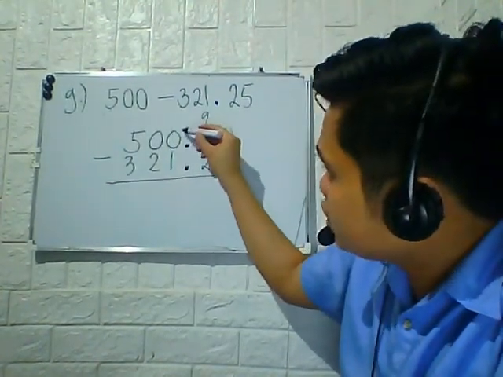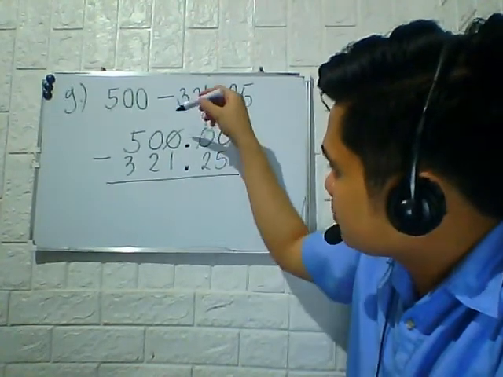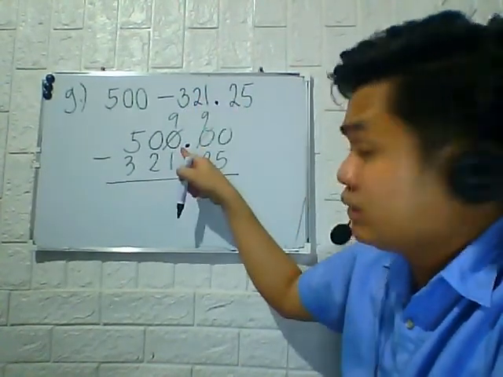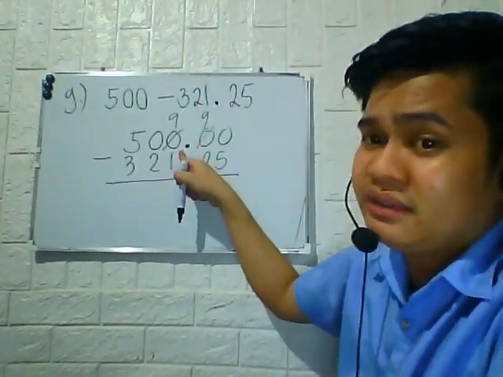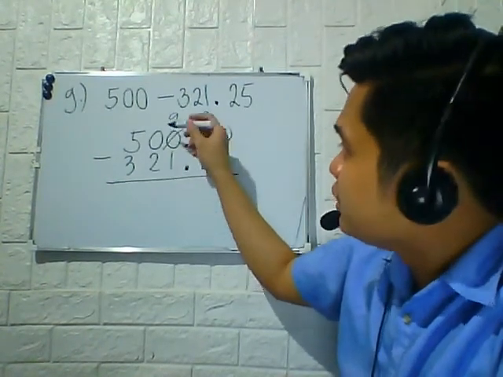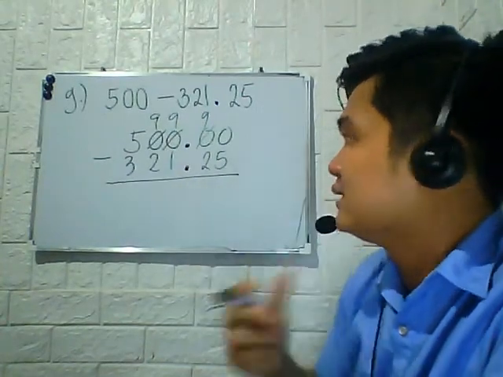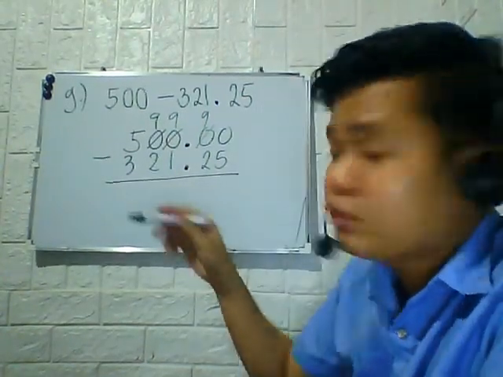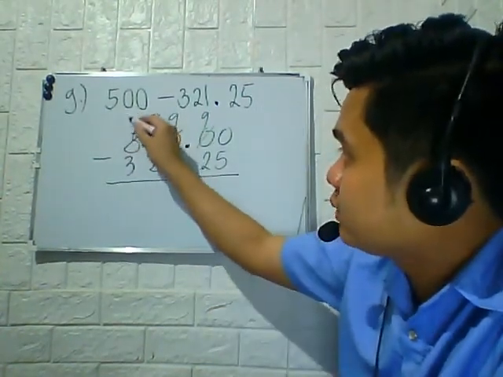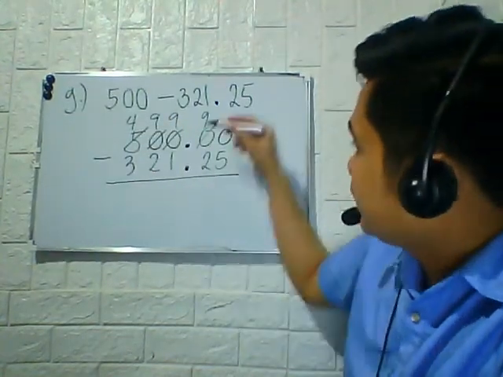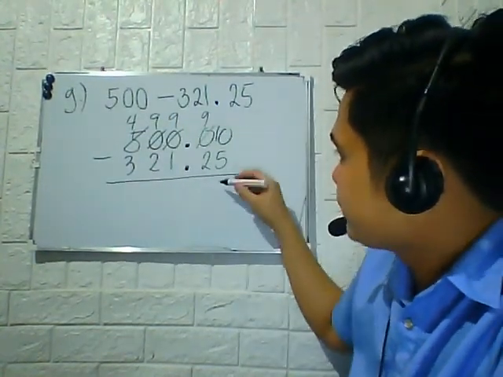You continue borrowing from the next digit. It is still 0. It will give you nothing. Continue borrowing from the next digit. That also becomes 9. It is still 0. Until such time we borrow from a non-zero digit. There, we stop. And 0 becomes 10. 10 minus 1 is 5.